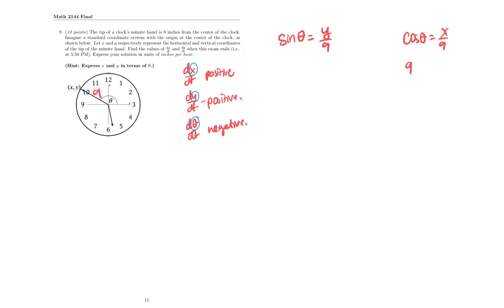So in other words, 9 cosine theta equals x, and 9 sine theta equals y. So then I can take the derivative implicitly with respect to t. So I'll get 9 cosine theta d theta dt equals dy dt. And I'll get 9 times negative sine, so negative 9 sine theta d theta dt equals dx dt.